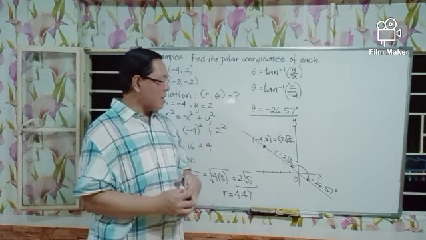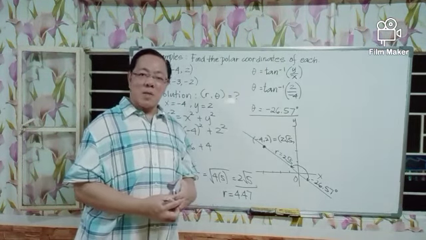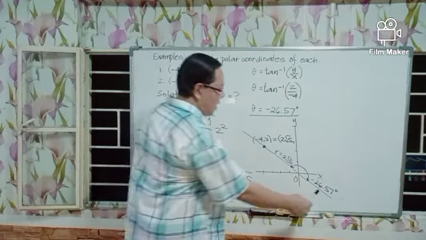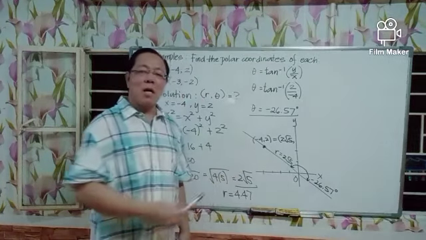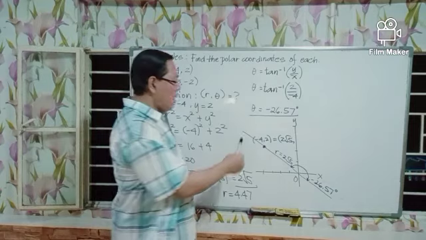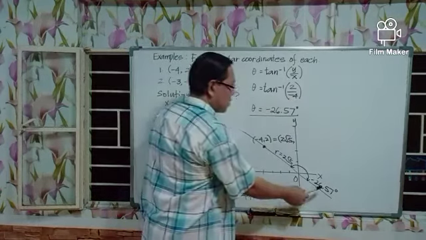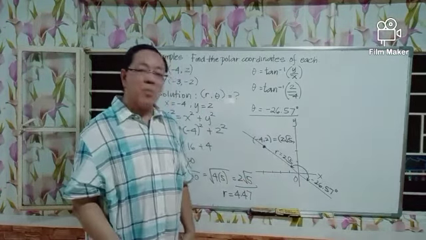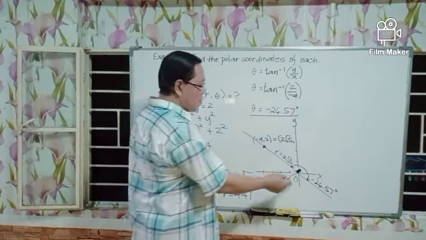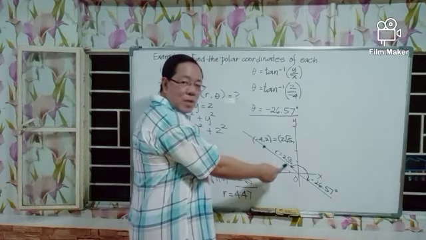And that angle is obtained by subtracting: this line makes a straight angle of 180 degrees. And from this 180 degrees, we must subtract 26.57 degrees to get the angle from this point to this line.